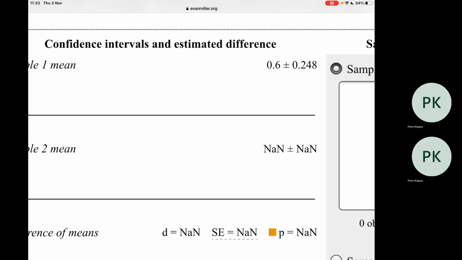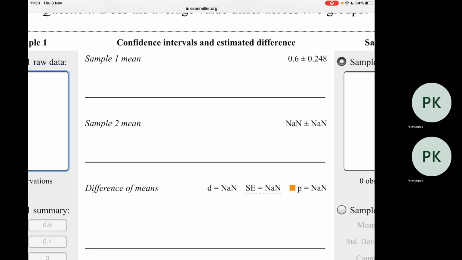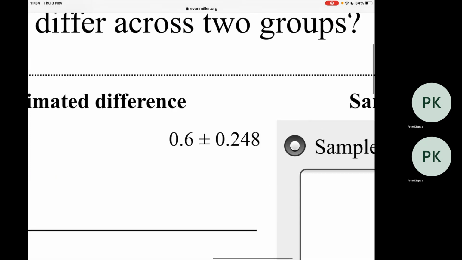And it comes up with something that we recognize up here. It says it's 0.6. That's the mean of the data, actually.